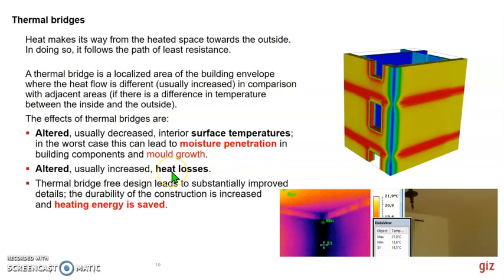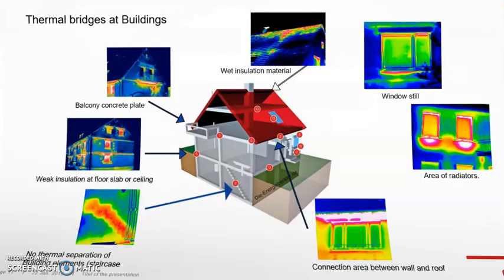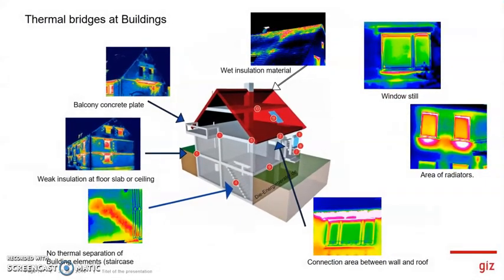Of course, if the heat can transfer easily, we have heat losses, and then we have to increase heating. Thermal bridges are best seen by thermography. So you can see some pictures here.